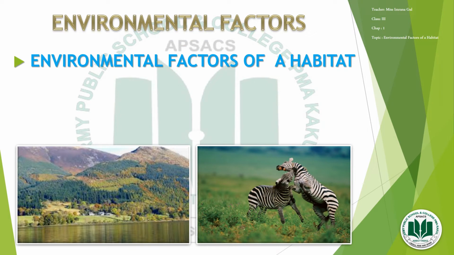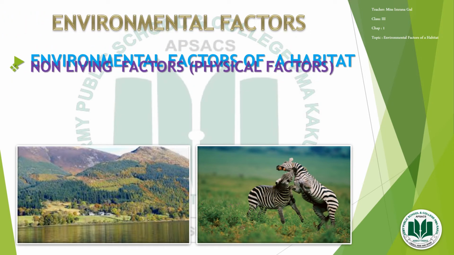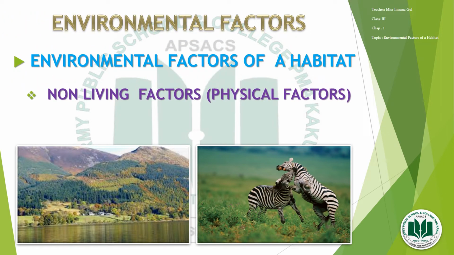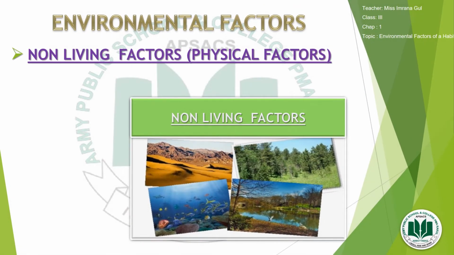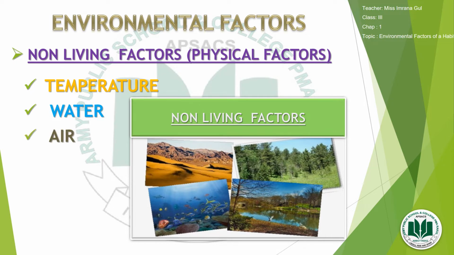Environmental factors of a habitat includes non-living factors, which are also named as physical factors, and living factors. Non-living factors or physical factors includes temperature, water, air, light, and soil.